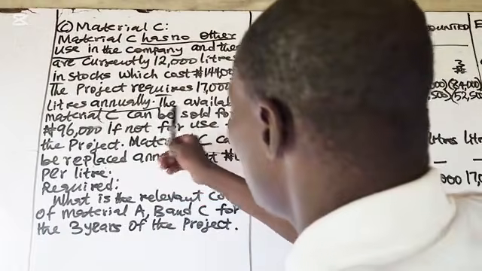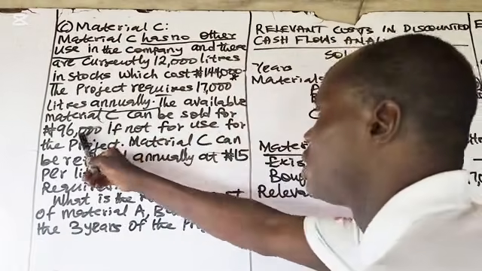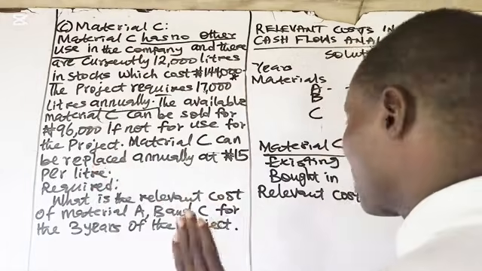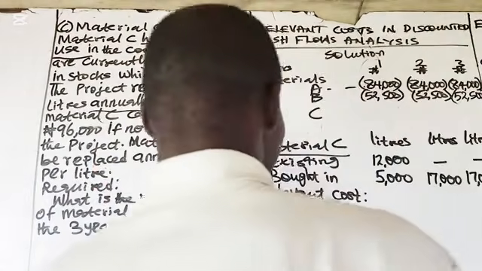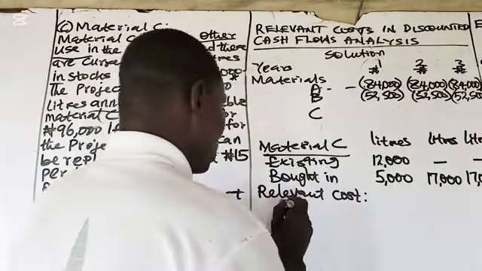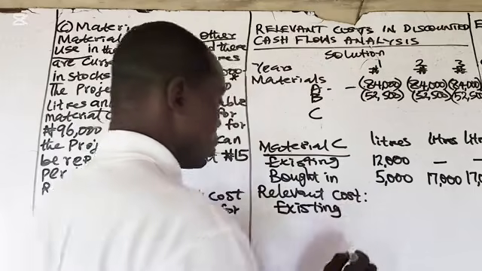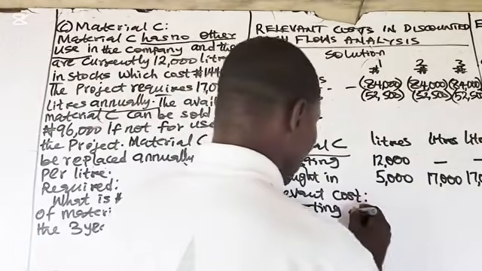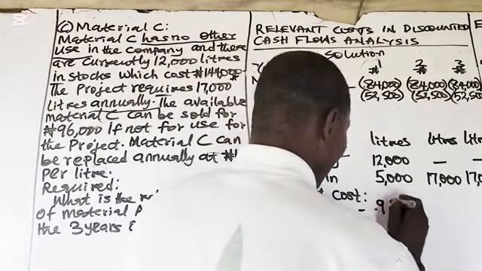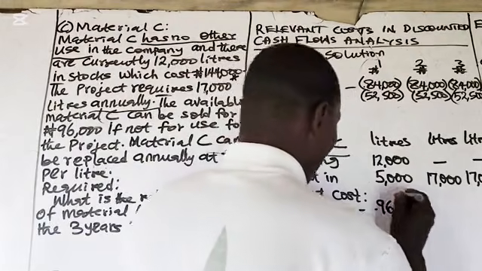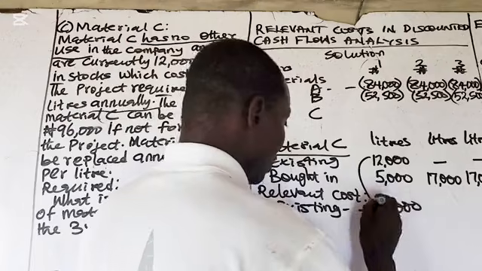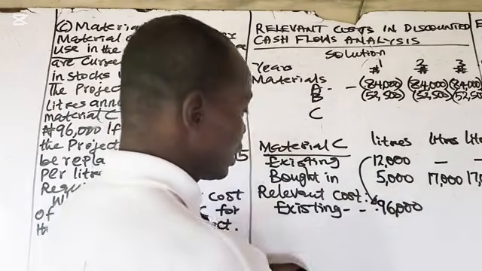You were told the available material C can be sold for 96,000. That is the realizable value. So in that case, there is no loss contribution. So the amount you can get from the sales of material C will be the relevant cost of the 12,000 you have in stock. So that is 96,000.